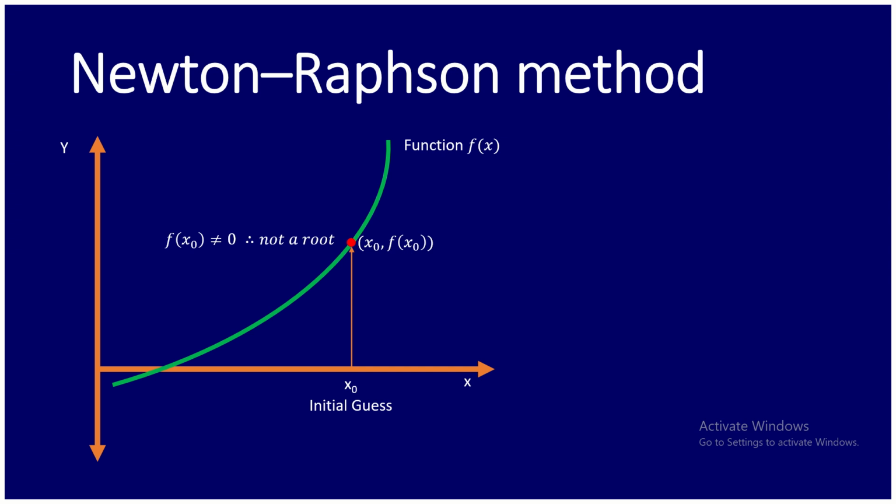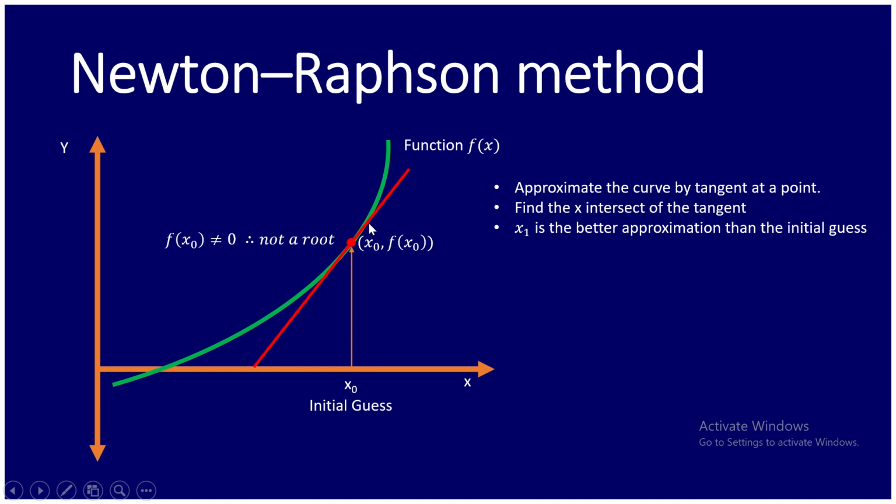Now what we do hereafter, we approximate the function f of x. To approximate the function, we draw a tangent line here like this. So this tangent is nothing but the approximation of the function shown here using the green curve.